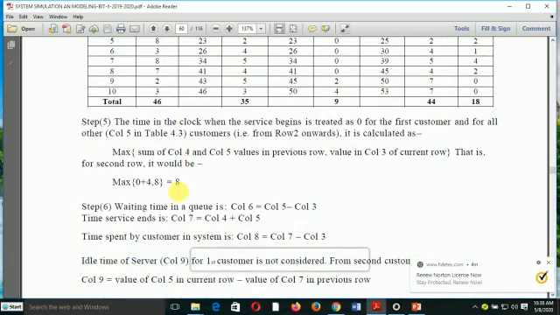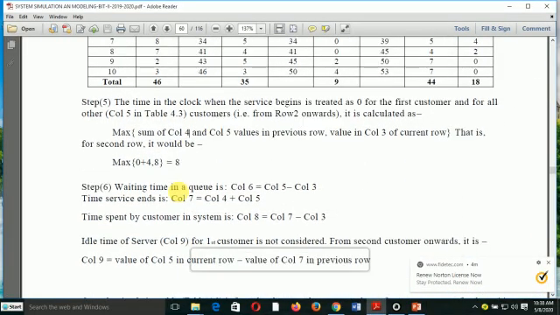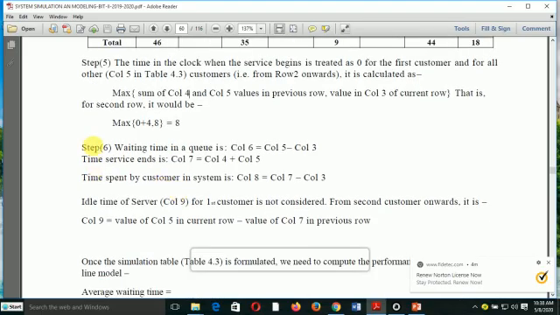Then in step 6, waiting time in a queue will be equal to column 5 minus column 3. Let's check. Waiting time in a queue means the total time a customer will be waiting in a queue.